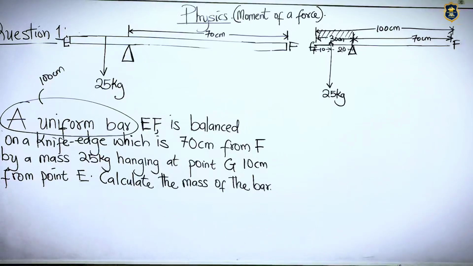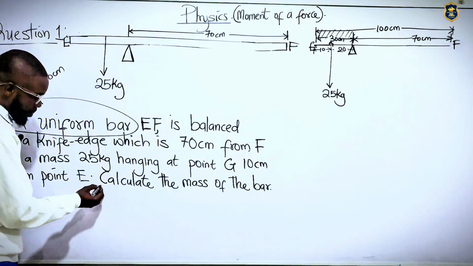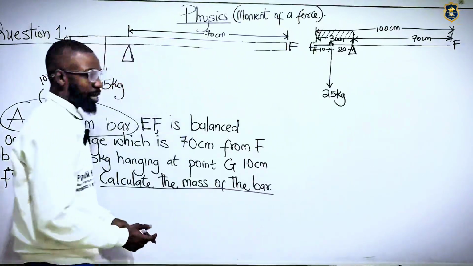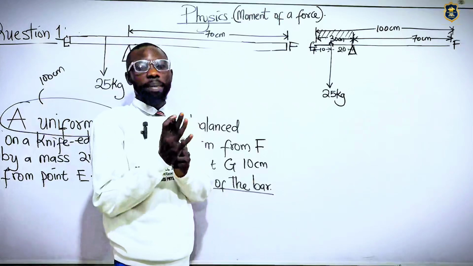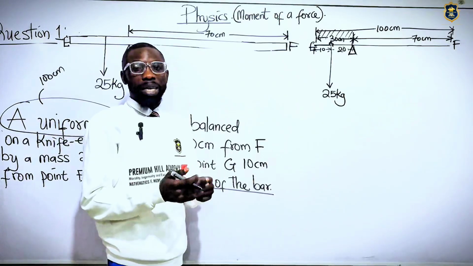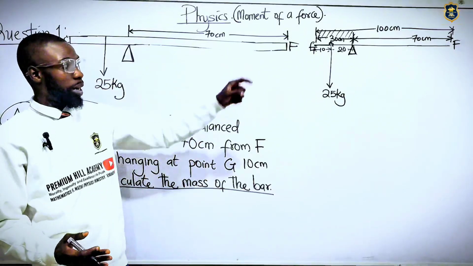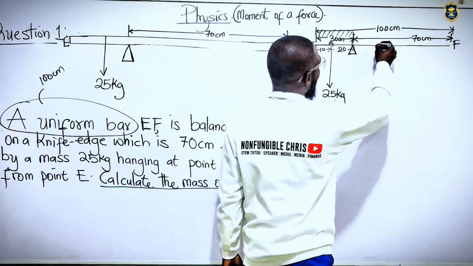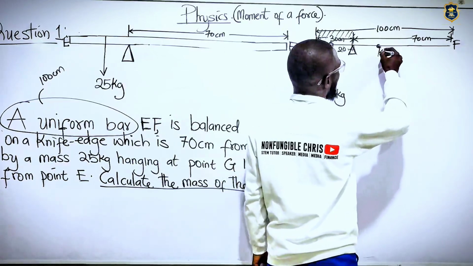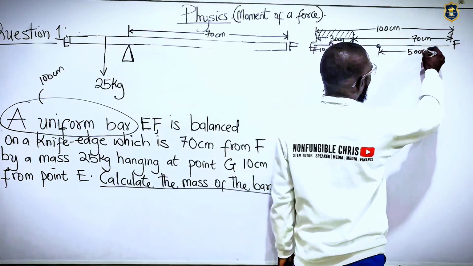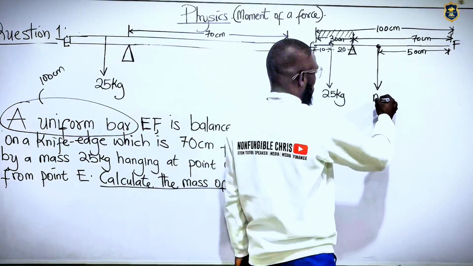So it says we should calculate the mass of the bar. What does it mean to calculate the mass of the bar? The mass of the meter rule bar will always be at the 50 cm mark, the midpoint of the bar, where the bar is originally balanced. So calculating the mass of this bar means you are looking from it at the 50 cm mark. Let's assume this is our mark, the mass we are looking for.